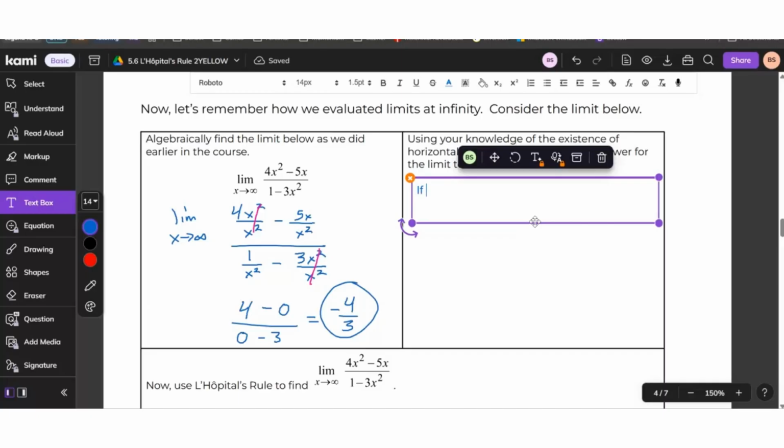Alrighty, so if x approaches infinity, and y gets close to a number, it converges on a number, fancy math speak, then there exists a horizontal asymptote.